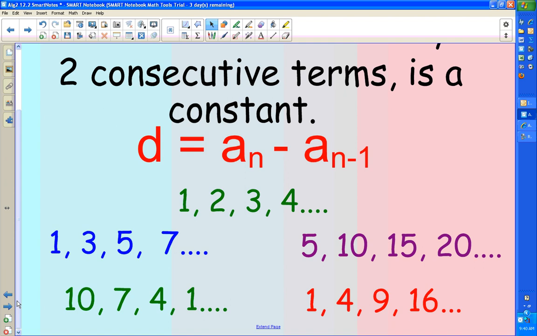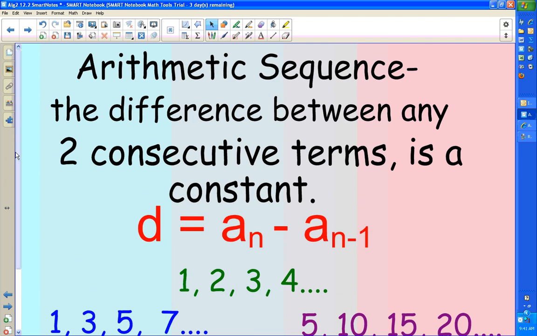What's the common difference here? There isn't one. And why isn't there one? So it's not an arithmetic sequence.